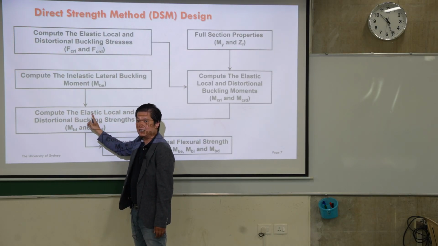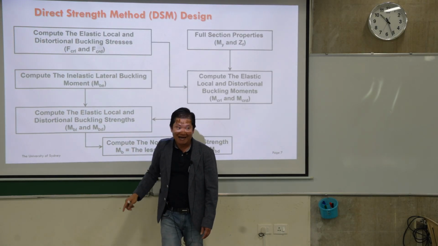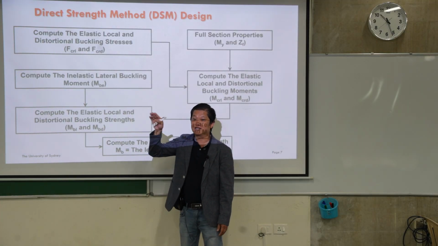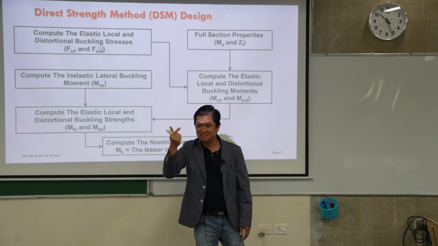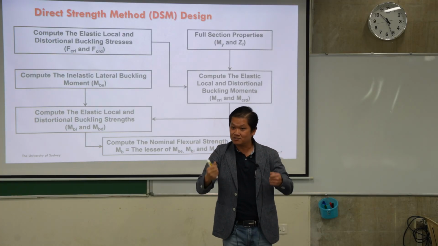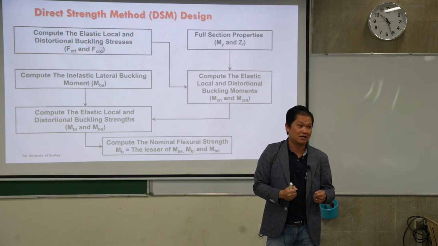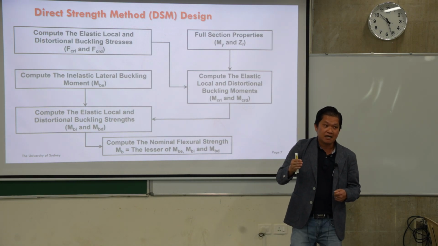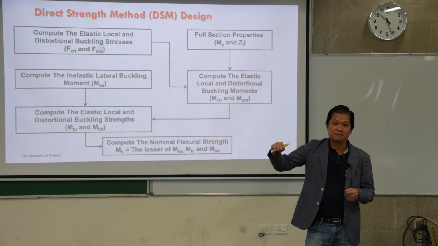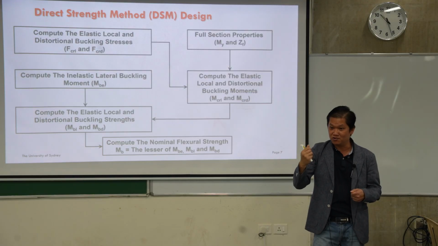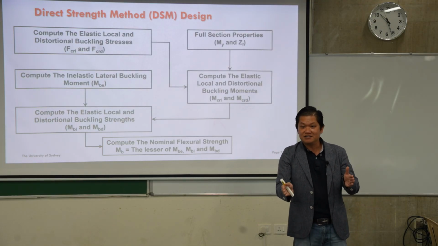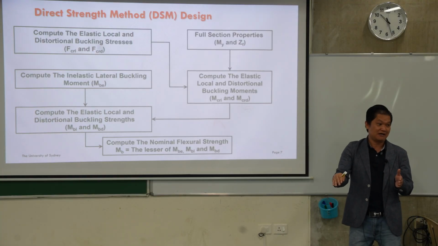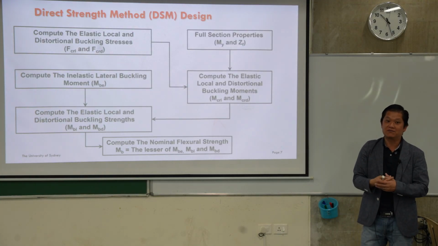Remember, it's still elastic local buckling, but now it's strength. It's not buckling. What I'm talking about as strength is that we already cover yielding and imperfection, and it's actually real strength. Sometimes it is higher than the real local buckling because of post-buckling. Some ranges are actually lower than the buckling because of inelastic buckling or the effect of imperfection.